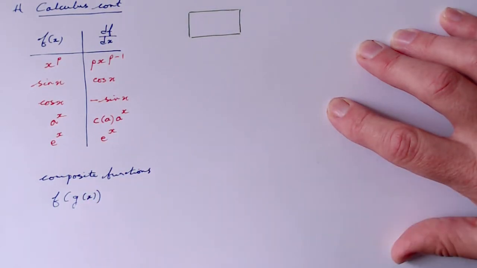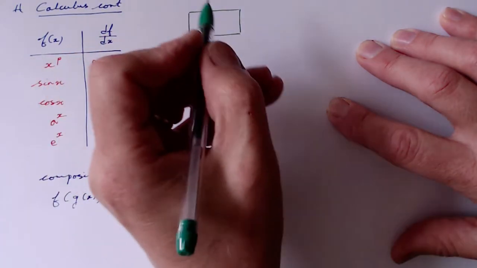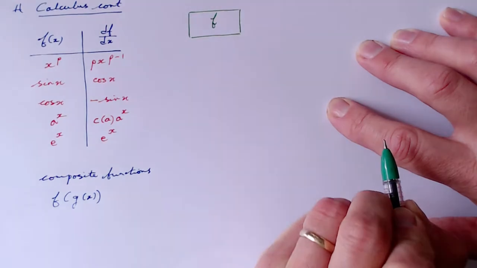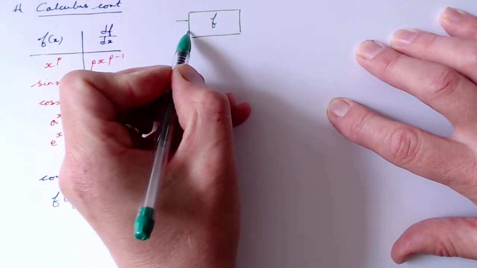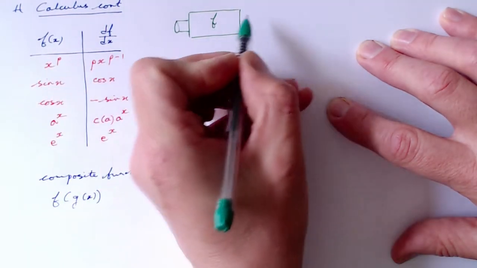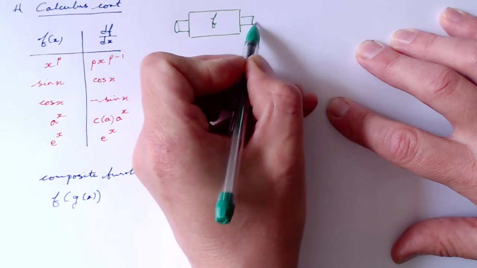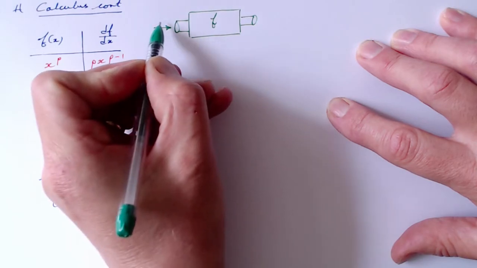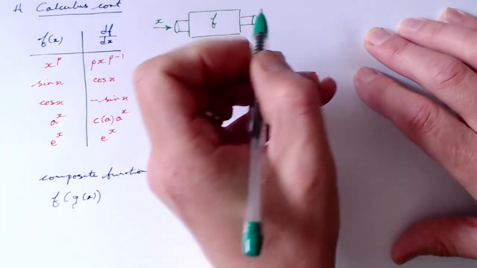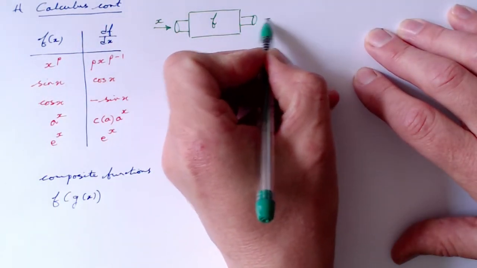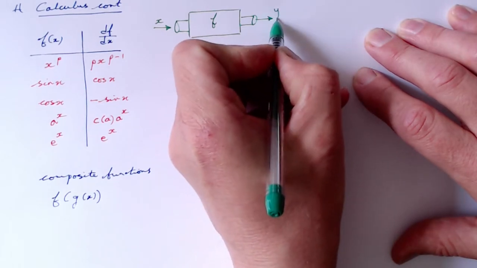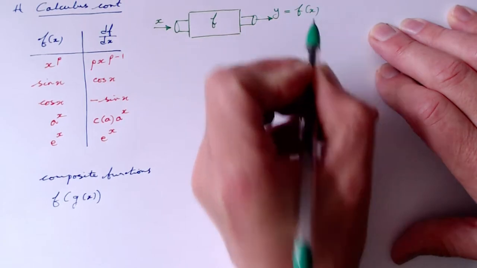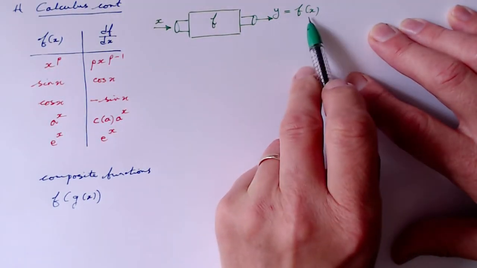I like to think of functions in a metaphorical way as machines with a big label on the box which says f, and then a chute going in and a chute coming out. And if we put something like x into this machine, it will spit out a number y, which is the application of the machine to x. y equals f of x.